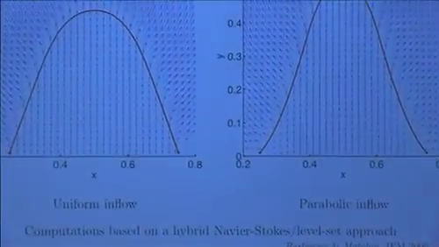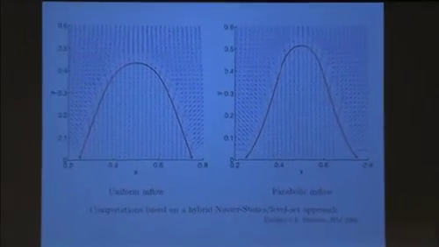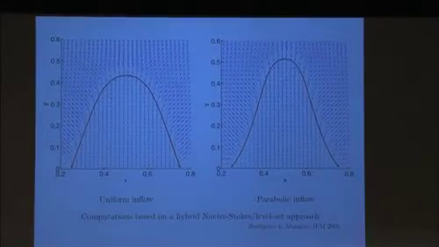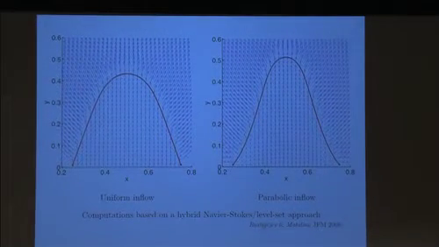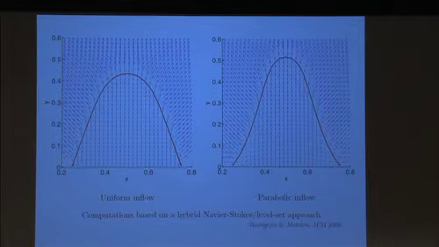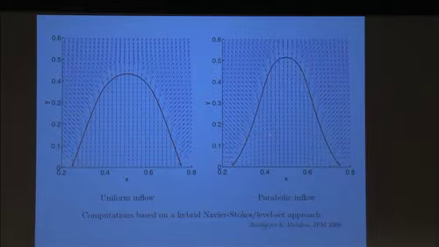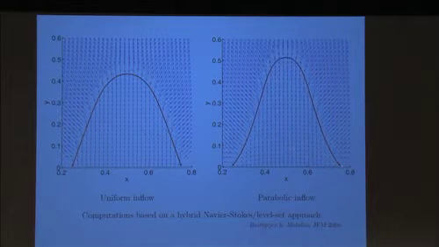Here are some examples of the flow field, as I said, computed with the flame surface tracked by a level set. And this is the flow field of a Bunsen flame. In this case, the incoming flow is uniform. In this case, you can see that it's a Poiseuille flow, okay?